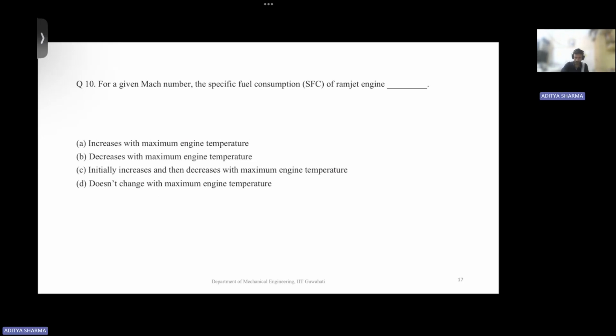So what happens to your specific fuel consumption? If you see your lecture number 22, you will find a diagram there, something with SFC.